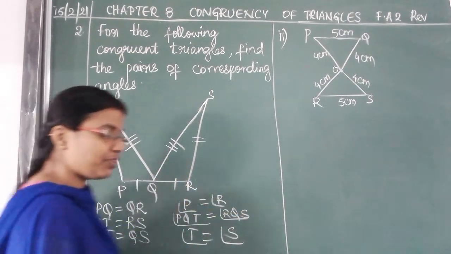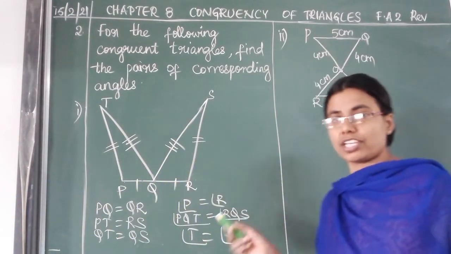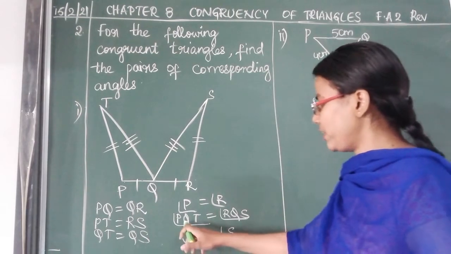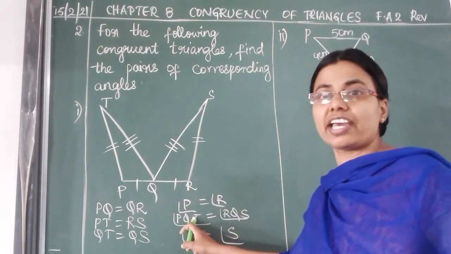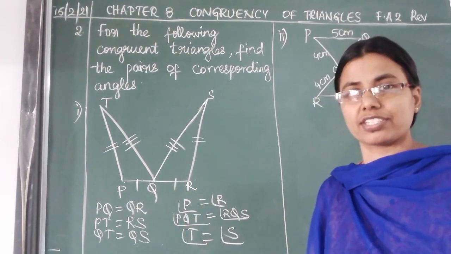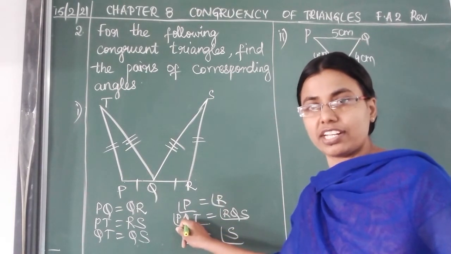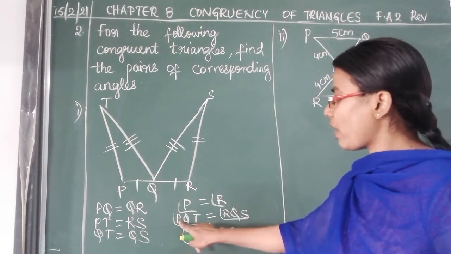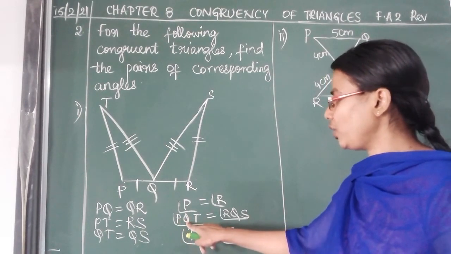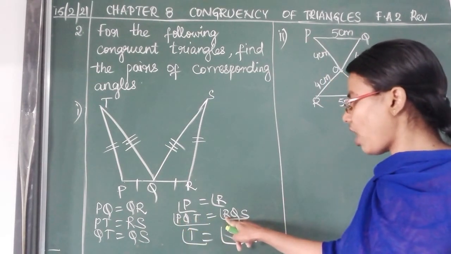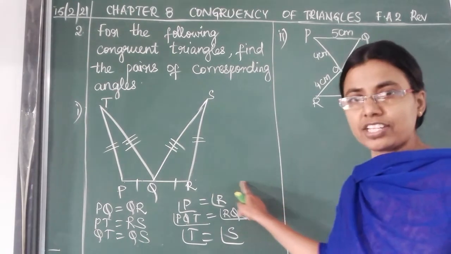RQS. When we were doing the chapter, I explained to you that whatever vertex is there in the middle, that is the angle that we are representing. So angle PQT is equal to RQS. Understood?